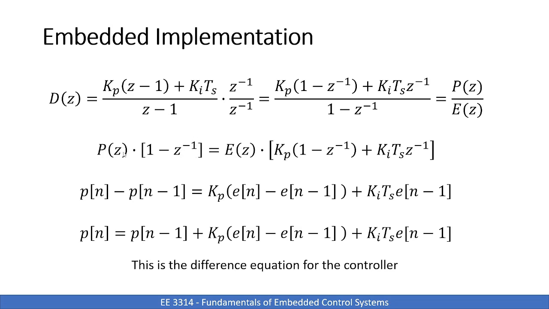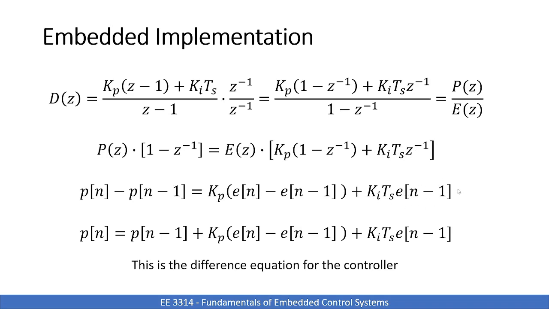So in this case, P(z) times 1 transforms to p(n), and then minus p(n minus 1). Then we have E(z) times all these factors, so we have kp times (e(n) minus e(n minus 1)), and then plus ki Ts times e(n minus 1).